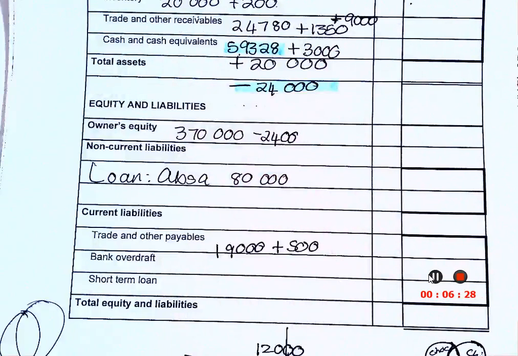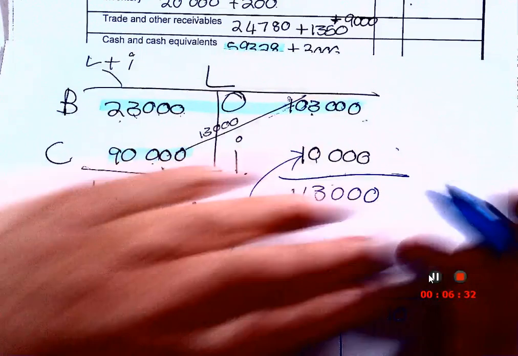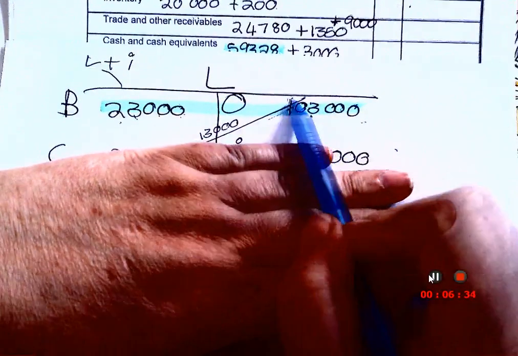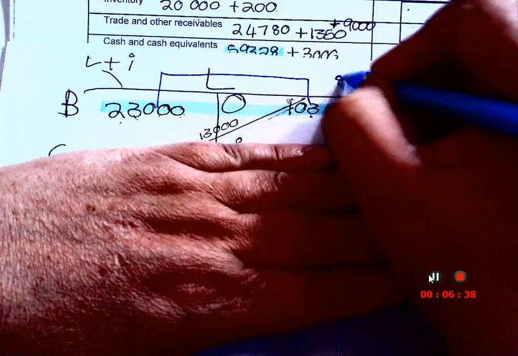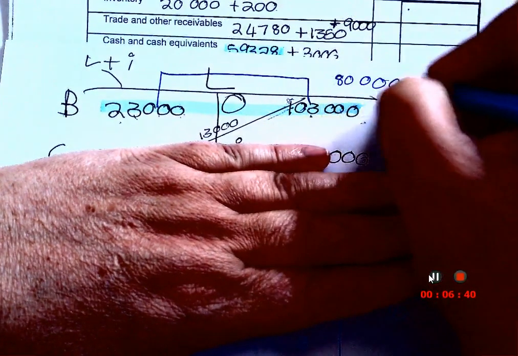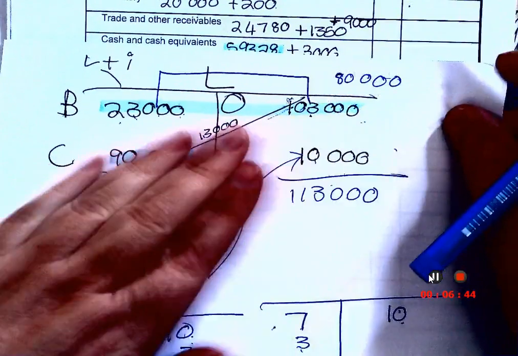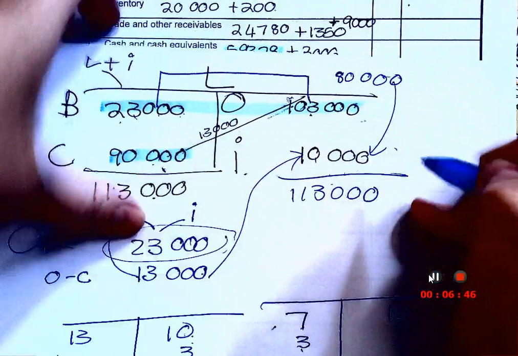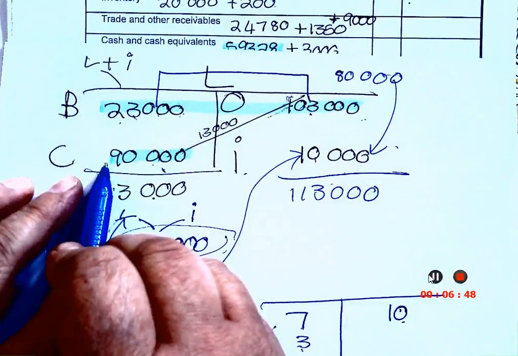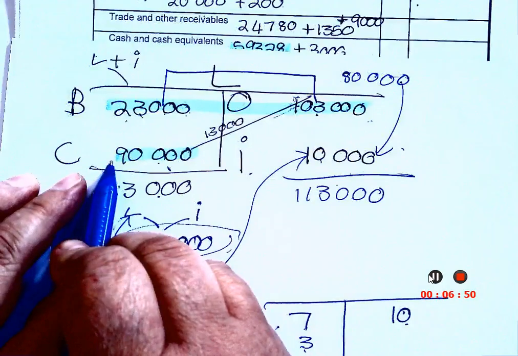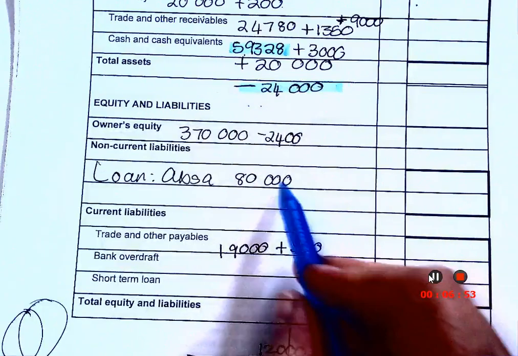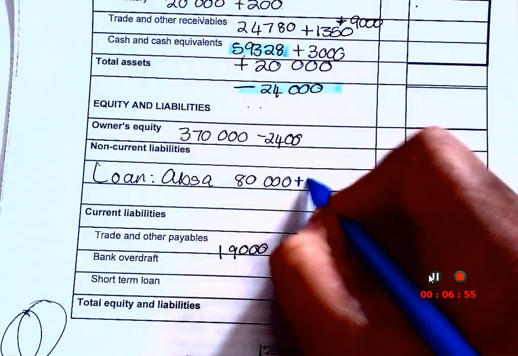I told you long ago that that is the difference between the opening and the bank. Can you see that is 80? Can you see that? Okay? And can you see if I add the 10 to the 80, it gives me the closing. Okay?